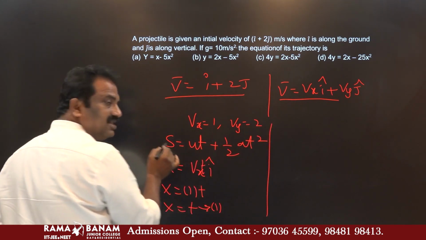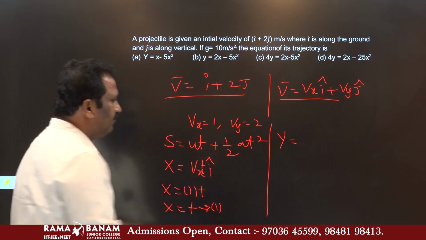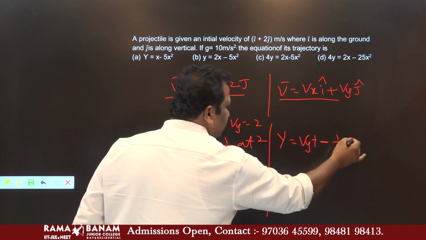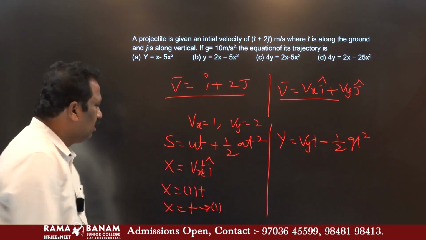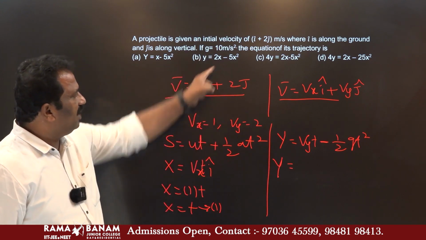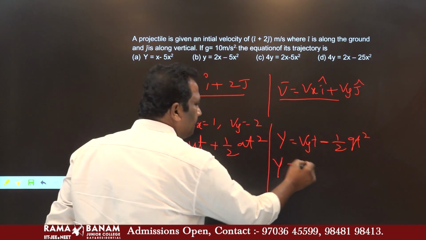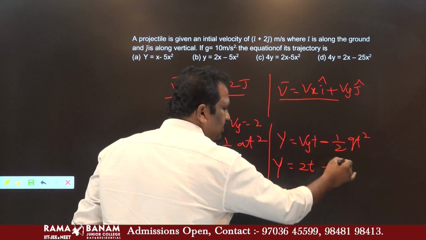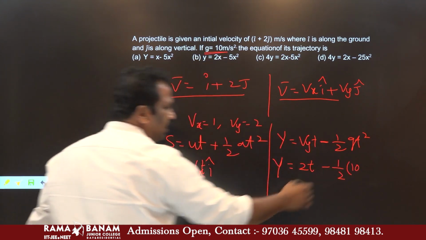Now we can find it along the y-axis. In place of x we write y is equal to Vy into t minus half g t square. Vy is already known, it is 2, and g is given as 10 meters per second square.